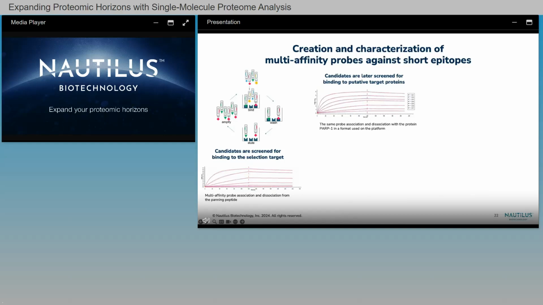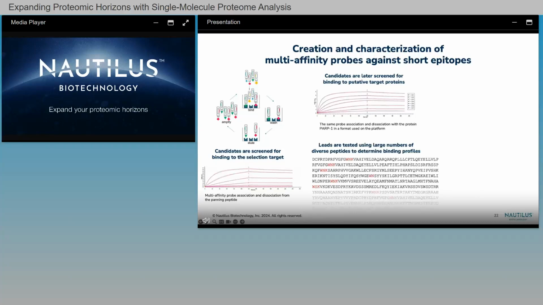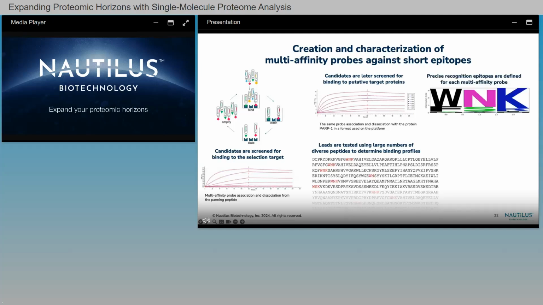We next test each of these probes against a library of millions or billions of different peptides that contain a variety of epitopes to ask the question, what is the range of epitopes recognized by a given probe? In addition, I should mention that we're collecting kinetics information, on target, off target, and building up a detailed map that says, all right, well, the probe was selected to recognize the epitope WNK, but it also has some ability to recognize, for instance, phenylalanine NK.